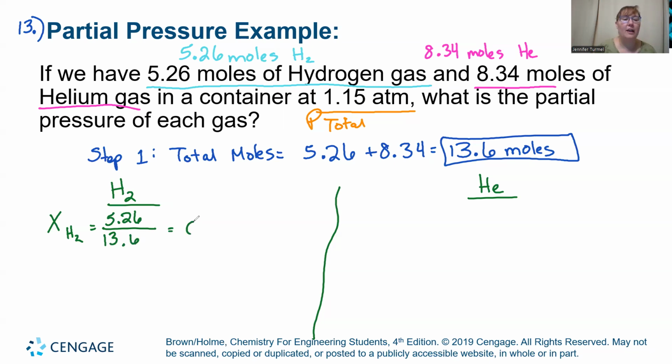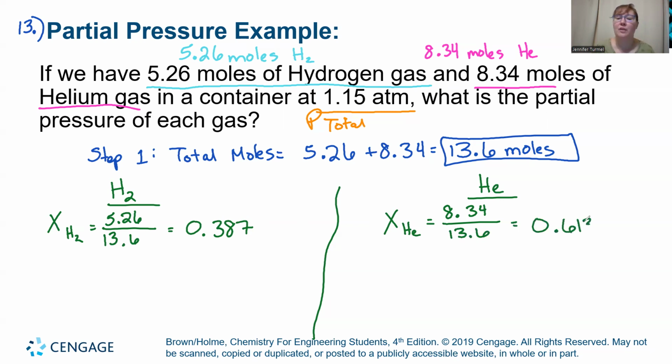And that gives this a mole fraction with three significant figures of 0.387. And now we can come over here and we can find the mole fraction of our helium. And that's going to be the moles of our helium, 8.34, divided by our total of 13.6. And so with three significant figures, the mole fraction of our helium is 0.613. Now pause for a moment and notice that 0.387 and 0.613 add to 1. So your mole fractions will always add to 1.